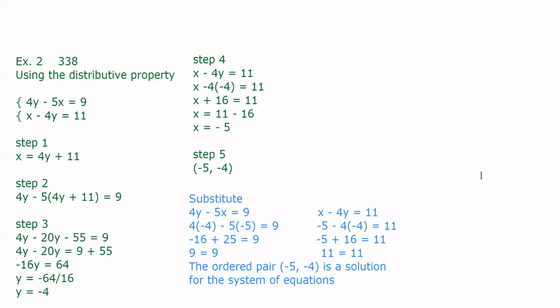Okay, we have the last one. In the last one, example 3, we have a consumer economics application. One high-speed internet provider has a $50 setup fee and costs $30 per month.